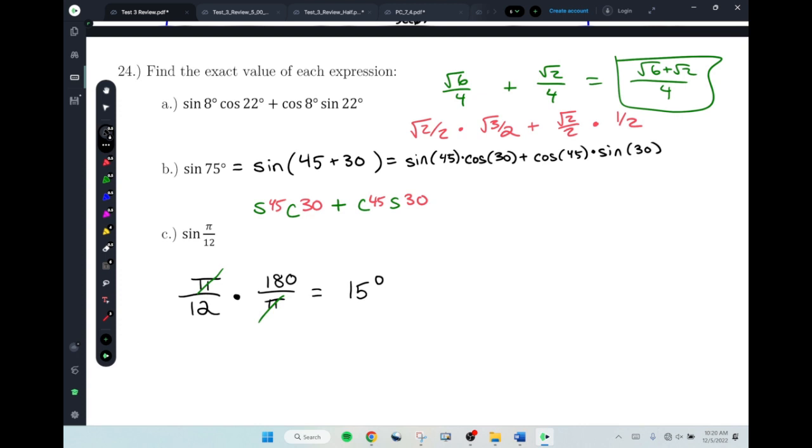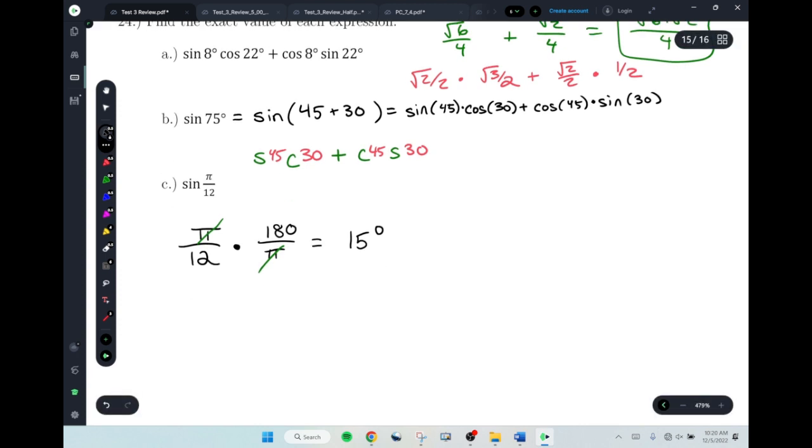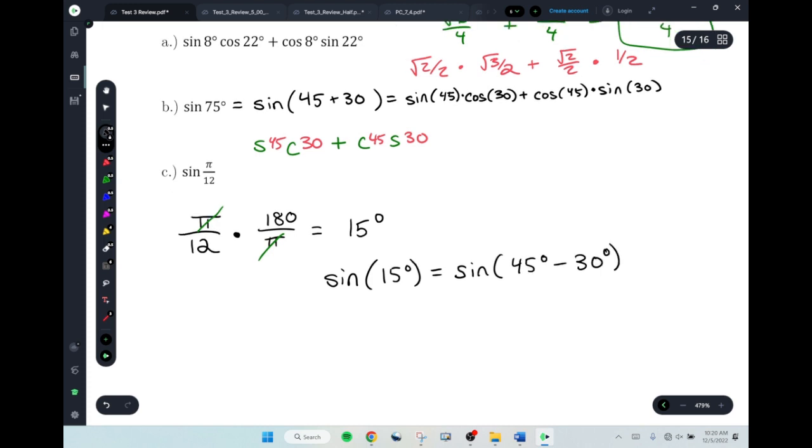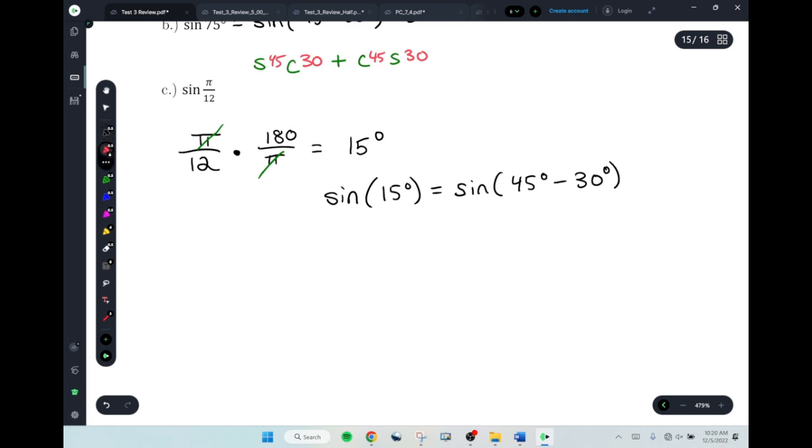How can we make 15 out of two things that we know? The sine of 15 degrees equals the sine of 45 degrees minus 30 degrees. Okay, so here we go. S, C, C, S, minus. The sign turns into minus.